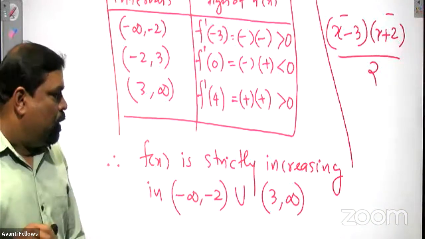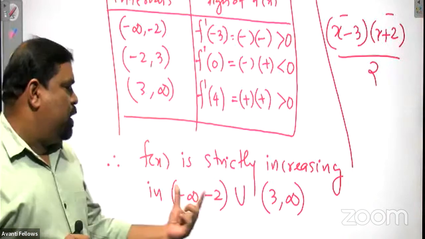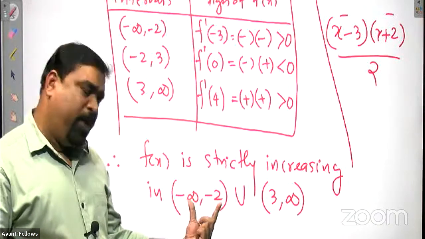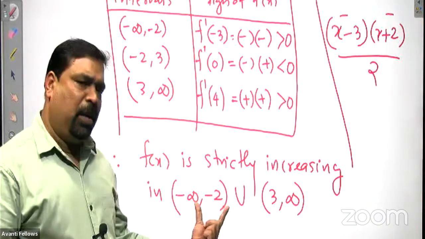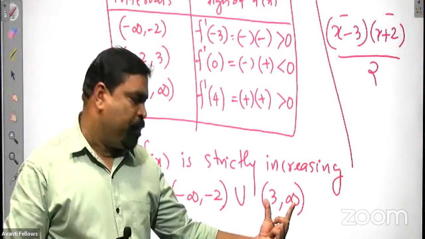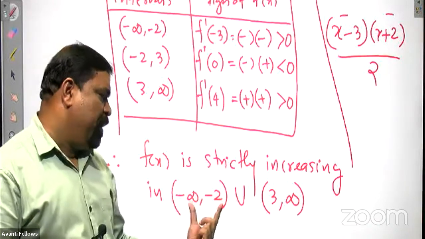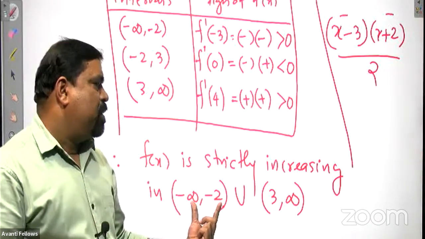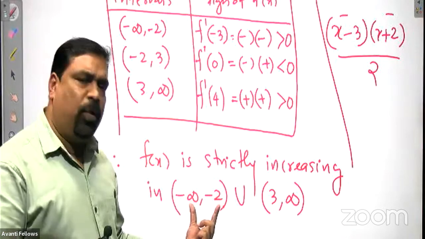Now, these are open intervals. Minus 2 is not included, and in 3 to infinity, 3 is not included. If I include minus 2 also in this interval, then we say that it is increasing only, not strictly increasing.